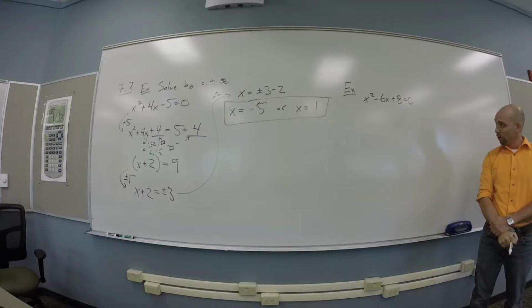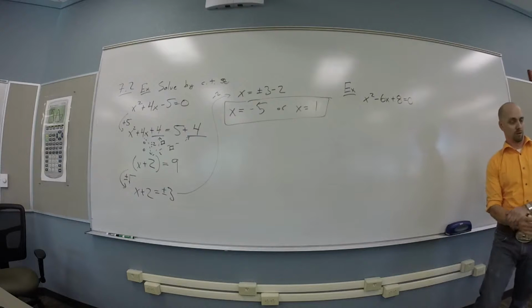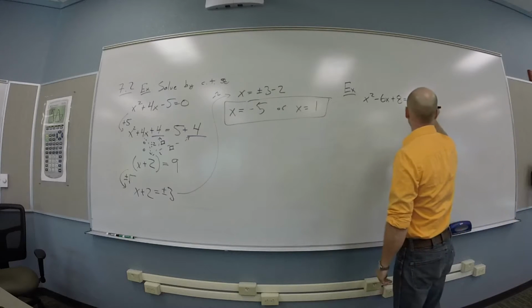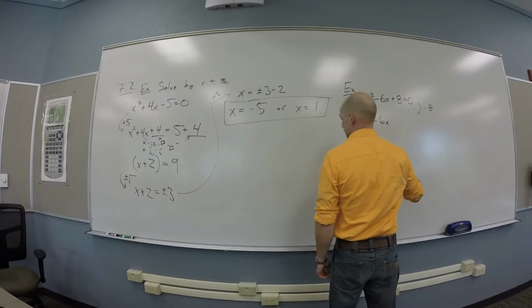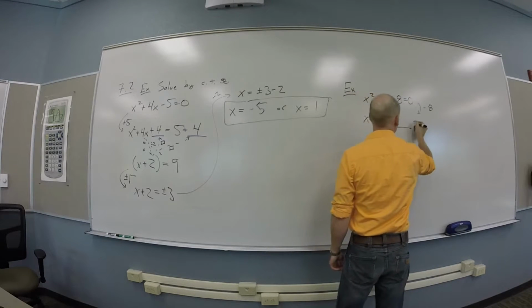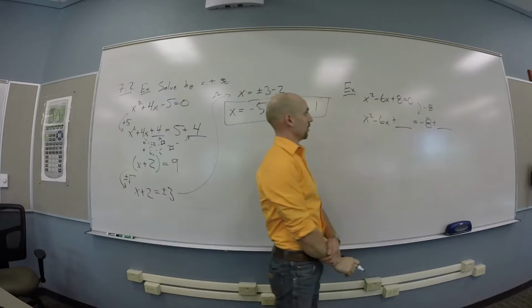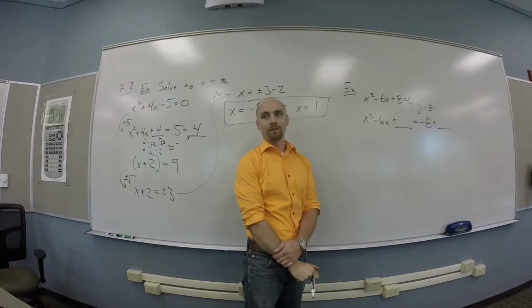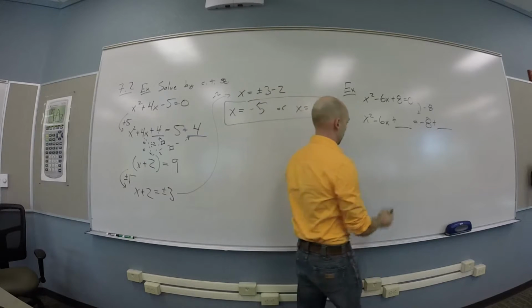All right, so first steps first. What do I do? Get the 8 to the other side. So I subtract 8. So now I've got x squared minus 6x plus blank is minus 8 plus blank. How do I fill in the blank?